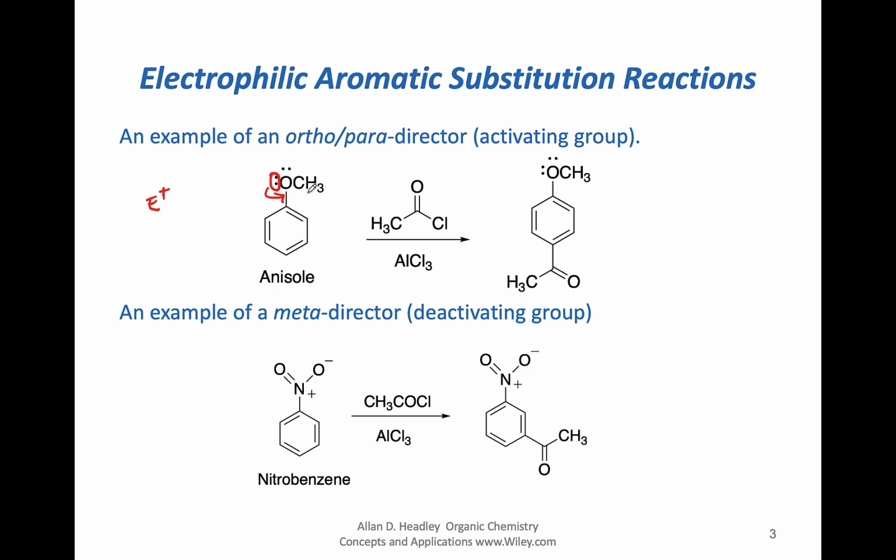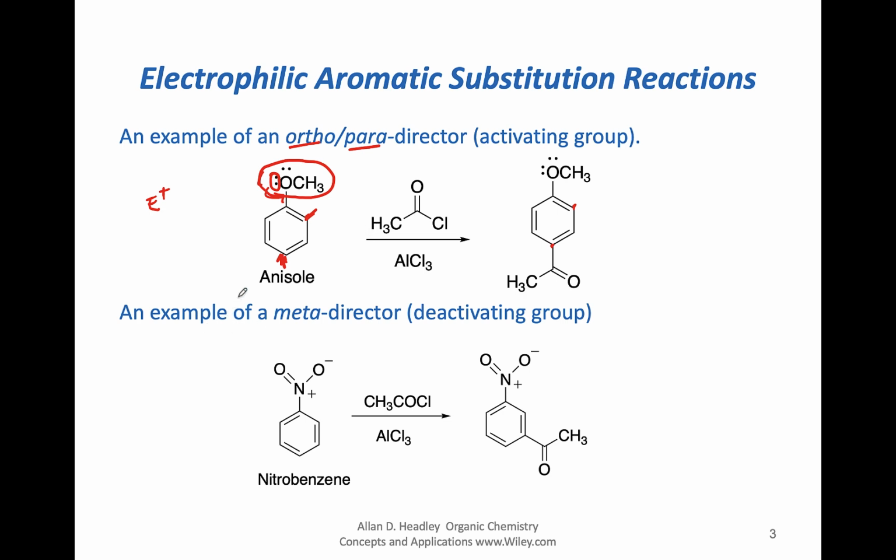The electron density will be increased in the ortho and para positions, but the major product here is the para because of crowding if it were placed in the ortho position. That is why these substituents are described as ortho-para directors, because they activate the ring towards substitution in the ortho and para locations.